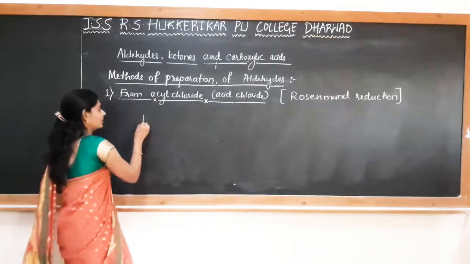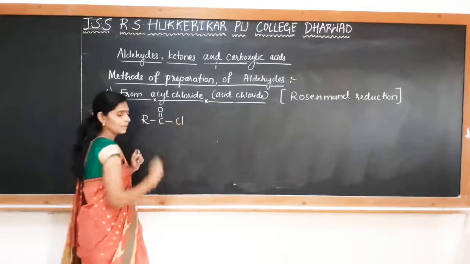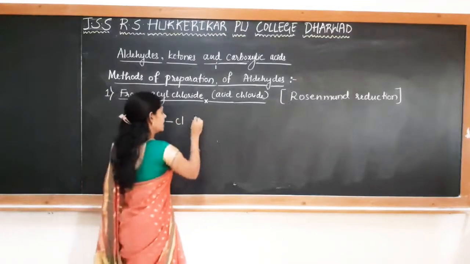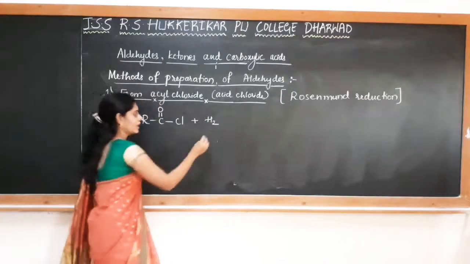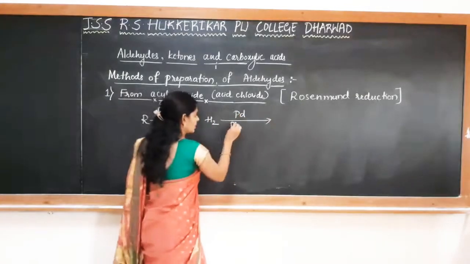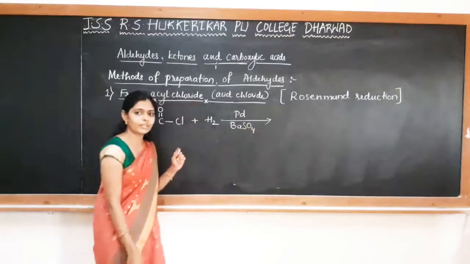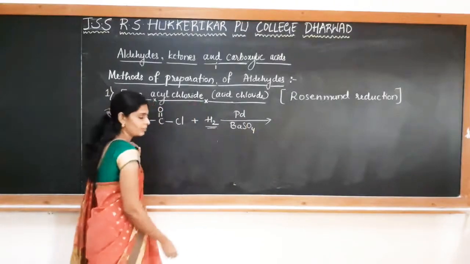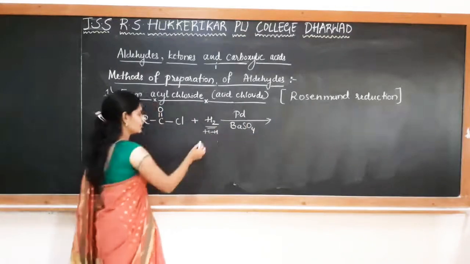So I take acid chloride as a starting material, which is represented by RCOCl. When hydrogen gas is passed over this acid chloride in presence of palladium catalyst supported over barium sulfate, it results in the formation of the respective aldehyde. We have dihydrogen, so two hydrogen atoms are there.